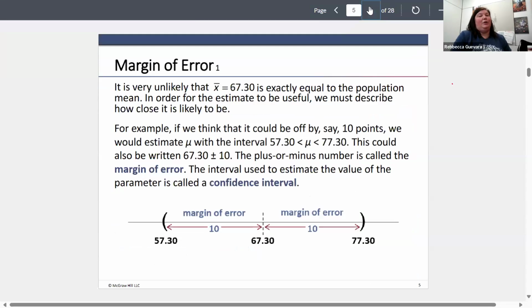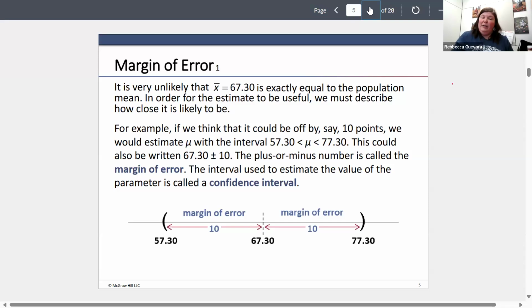We built something called the margin of error. Like I said, it's very unlikely that that mean of 67.3 is exactly equal to the population mean. There's a lot of variety of other samples I can have, and not all of them can be correct. So for our estimate to be useful, we have to describe how close it is likely to be.